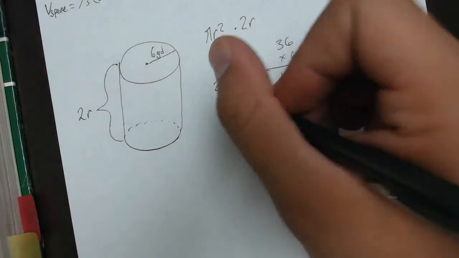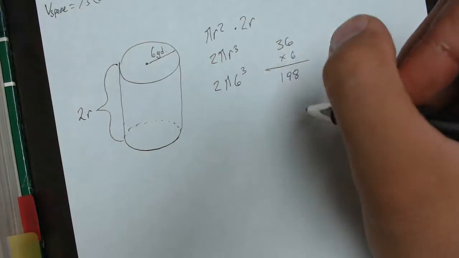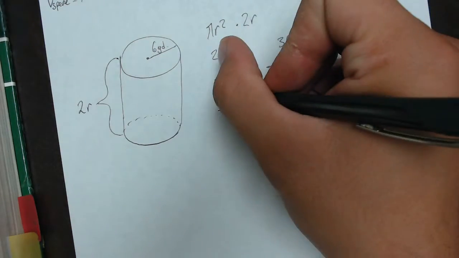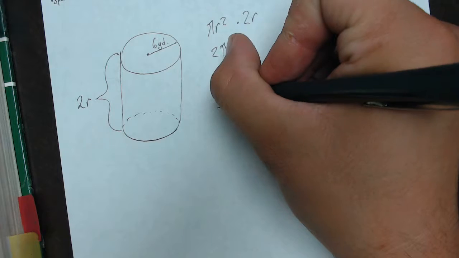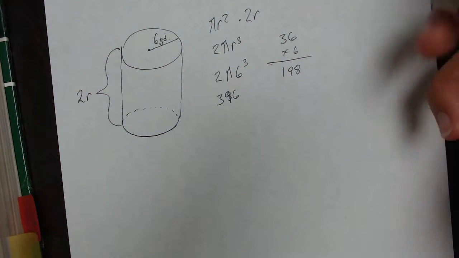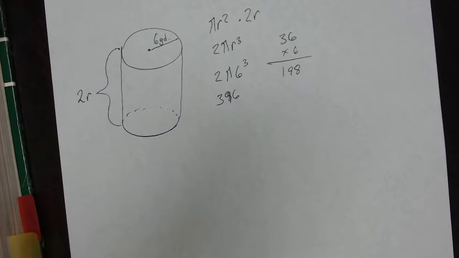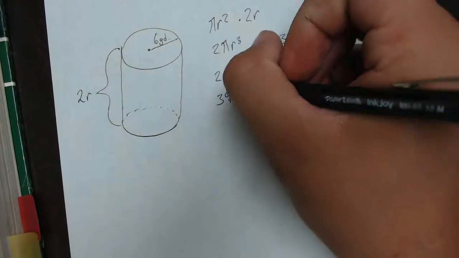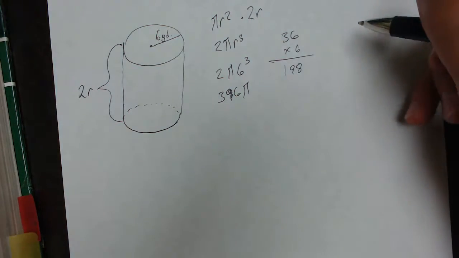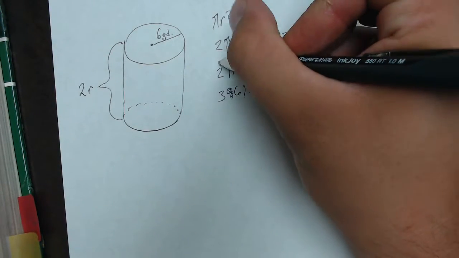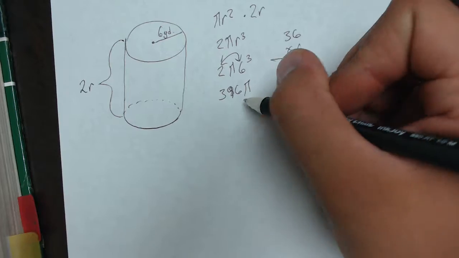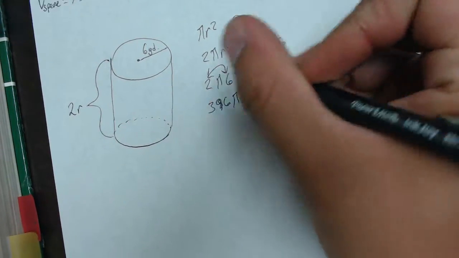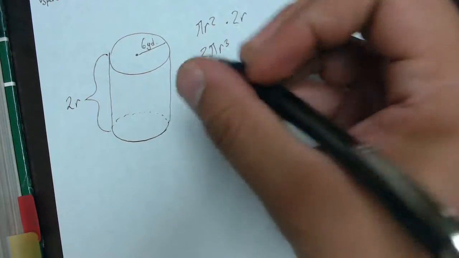Then we take 216 times 2, and that gives us 432. Hold on, let me double check this math. So we get 432 times pi, in yards cubed. And that is our final answer for volume.